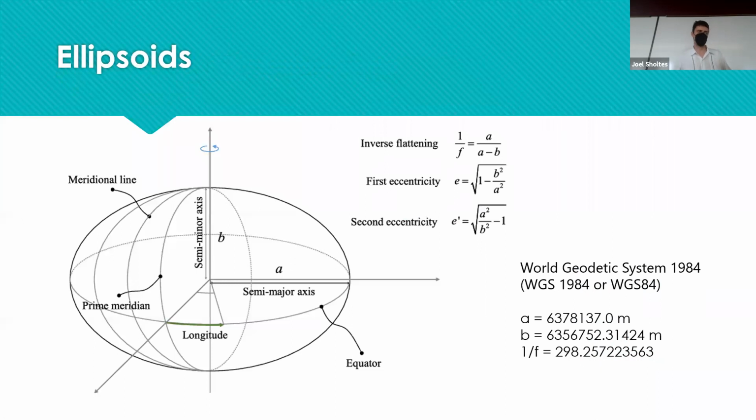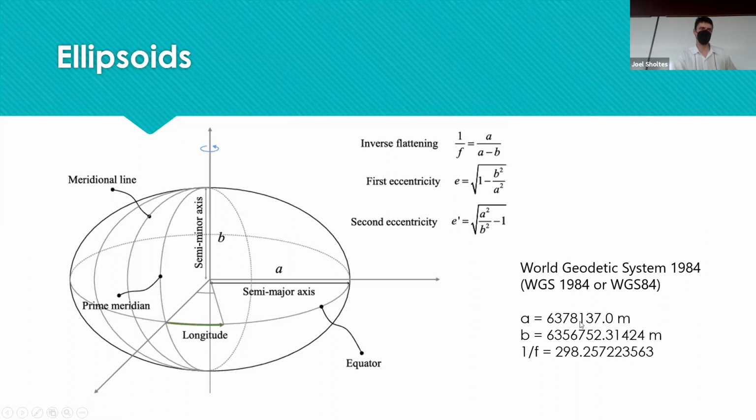So here's an ellipsoid. Instead of a sphere, now we have a semi-major and semi-minor axis. And so it is an egg, a very subtle egg. And here are the semi-major and semi-minor axis values. You can see they're actually pretty close.